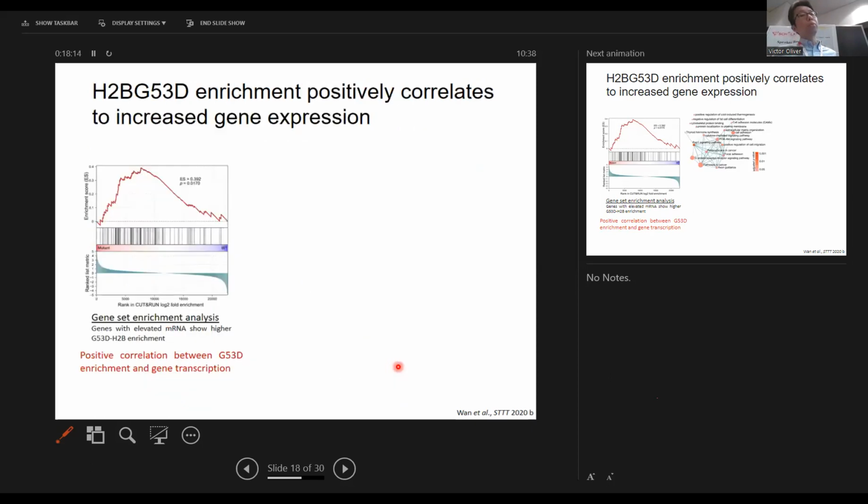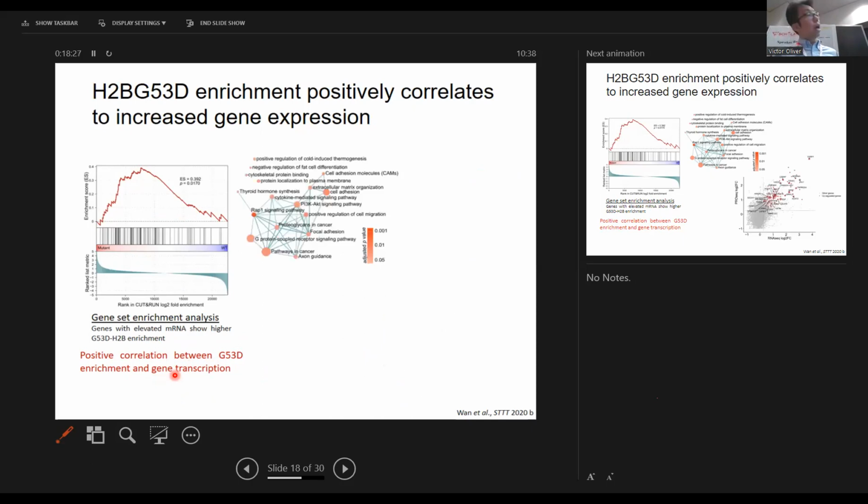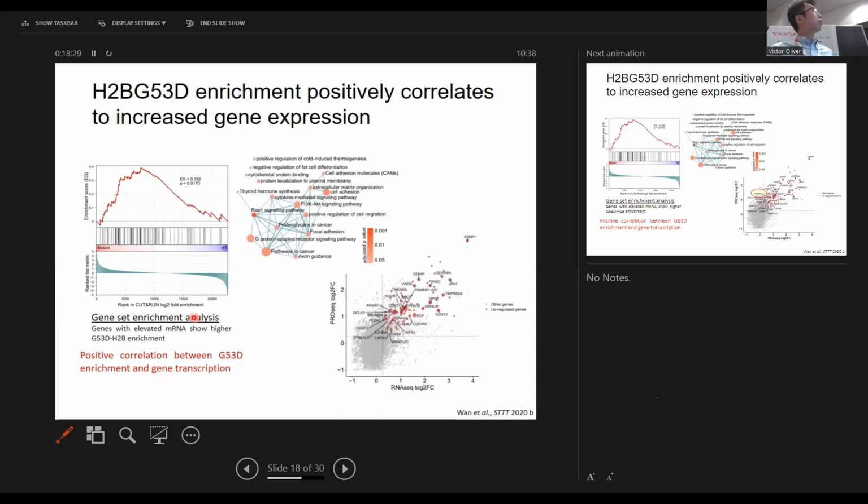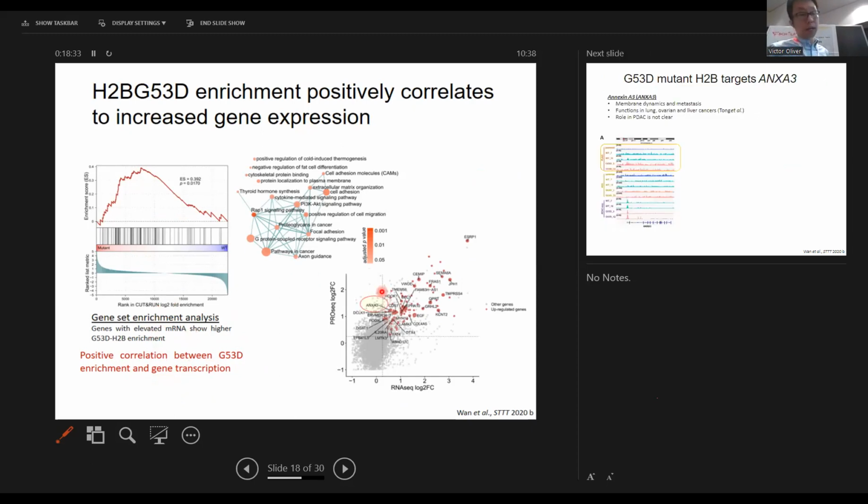So we then perform these gene set enrichment analysis, and then we show that there's a positive correlation between the G53D enrichment in the genome and also the gene transcription, because we correlate the CUT&RUN with the RNA-seq. And then we find many of the genes are involved. And one of the genes that we would like to focus on, and I would like to tell you, is the so-called ANXA3.